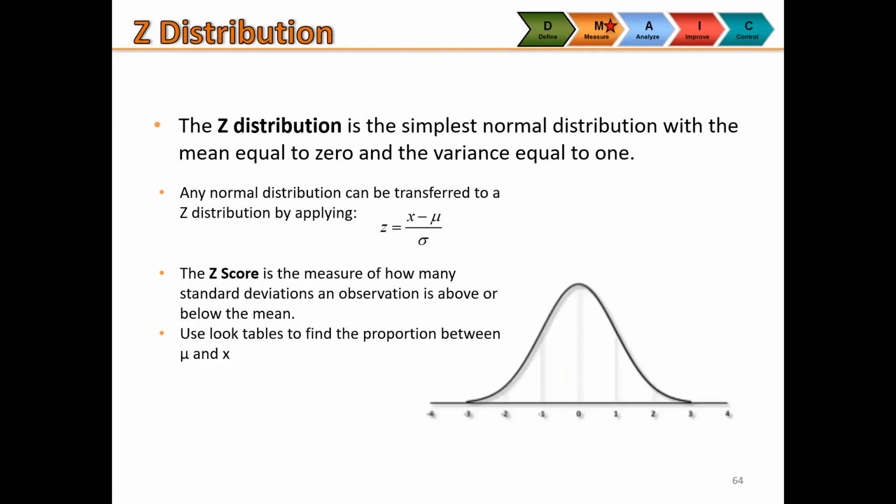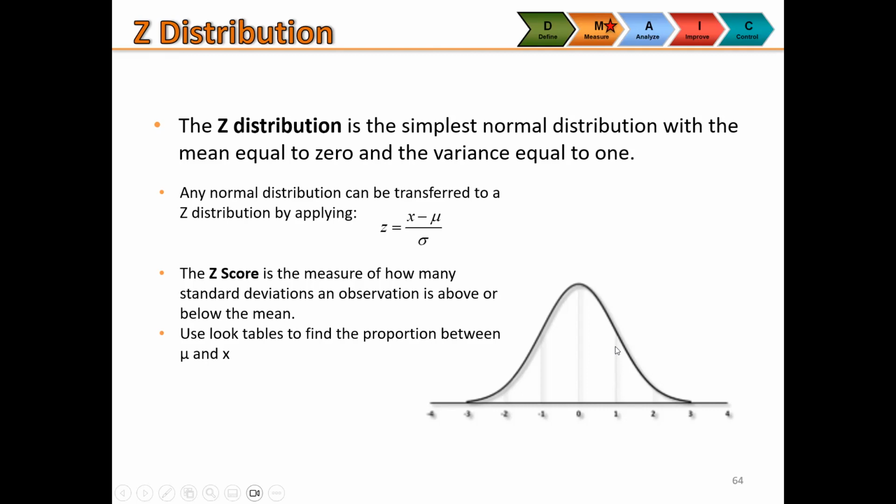A z-distribution is the simplest one, and this is where the mean, the median, and the mode are all the same. Once I have a z-distribution, on my graph, instead of saying 184 pounds where that 0 is, I could just say 0 there. Then in 4-pound increments, I go 1, 2, 3.